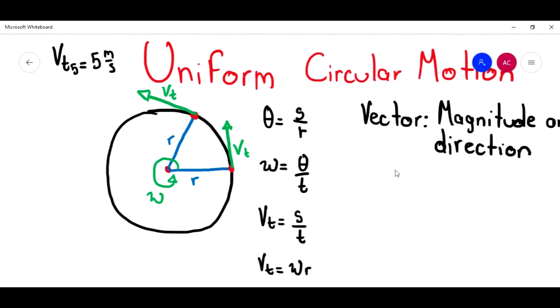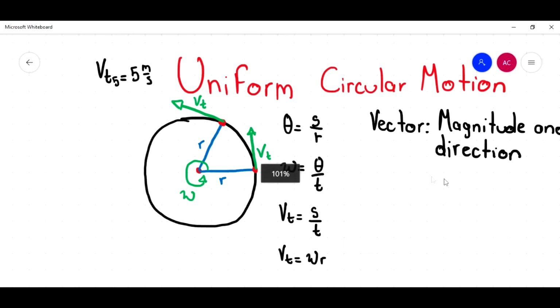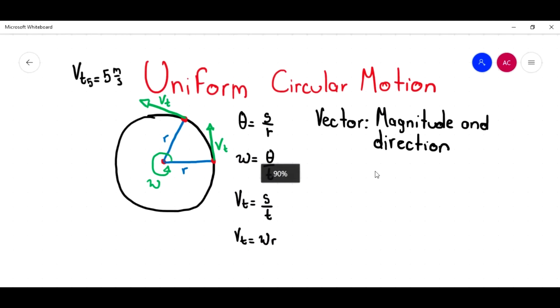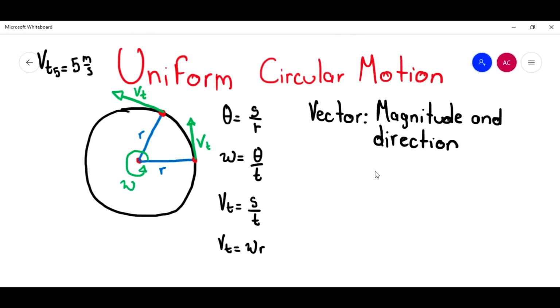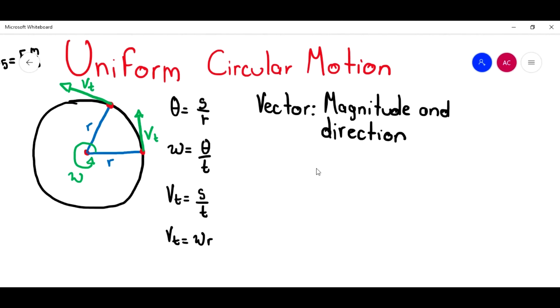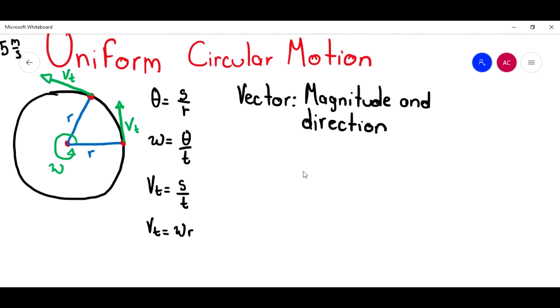If there is a change in direction, that means we are going to have an acceleration. Remember that acceleration produces a change in velocity, but in this case it will not be a change in magnitude. It will be a change in direction.